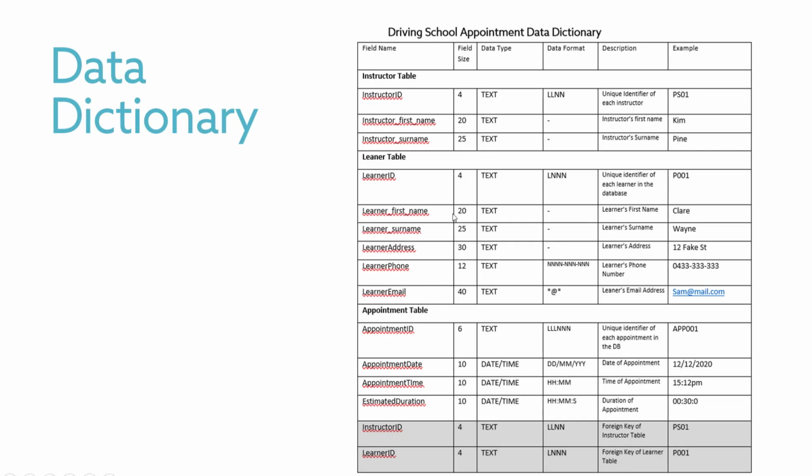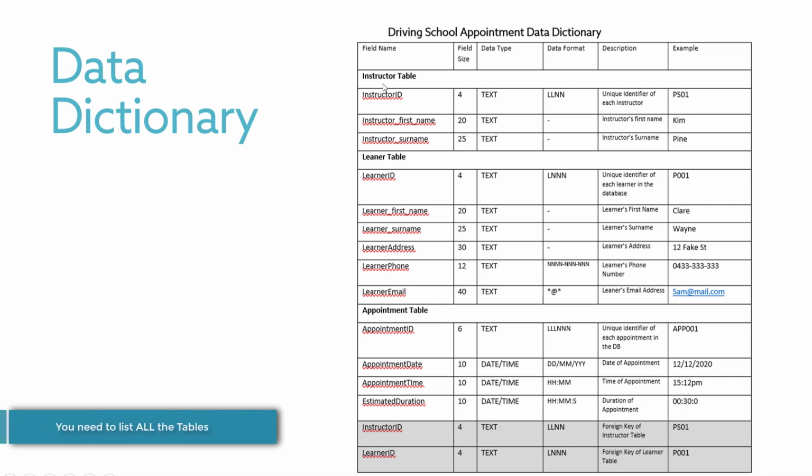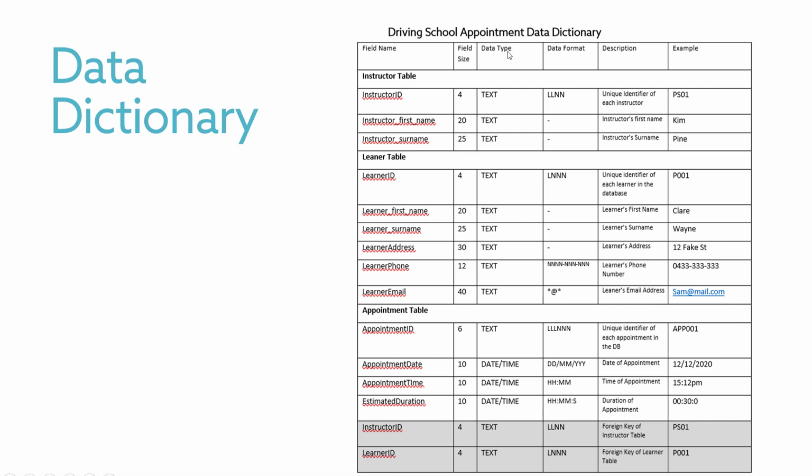Here we have an example of the data dictionary, and you can see that we start off with field name, field size, data type, data format, description, and example. When creating the data dictionary, you list all of your fields down. You need to find out the size of the fields, and then what data type you are going to be using. Let's say, for example, we have our instructor ID, PS01.